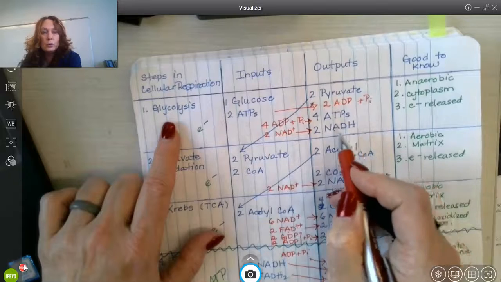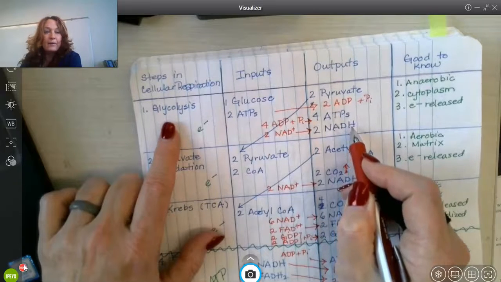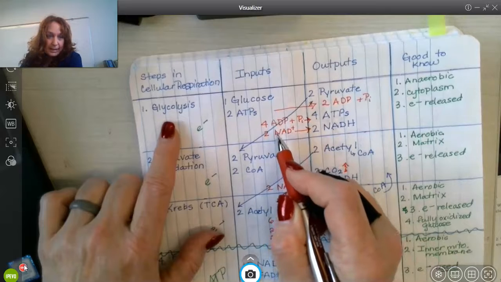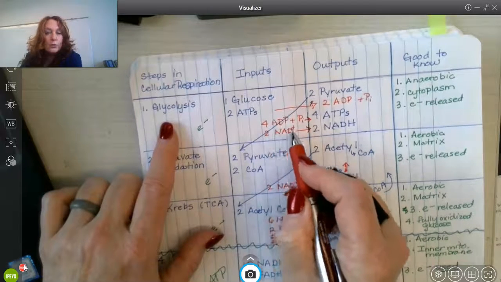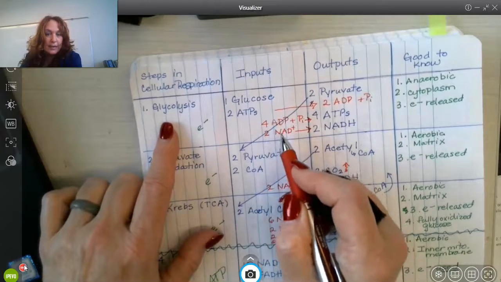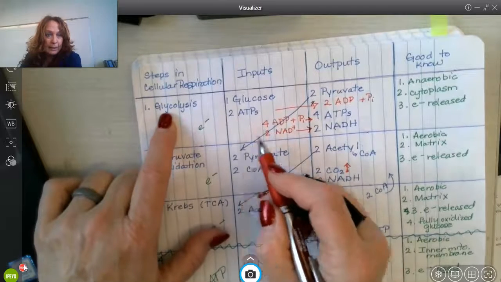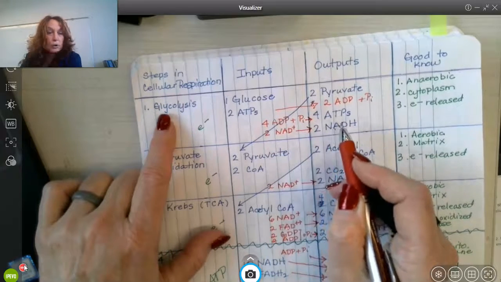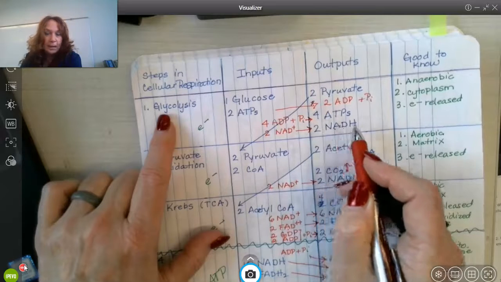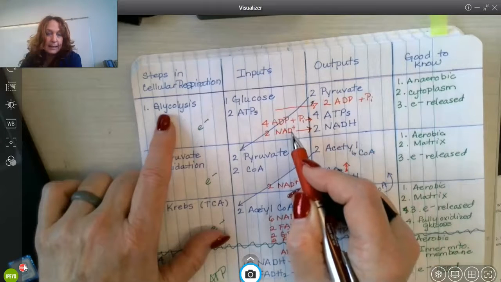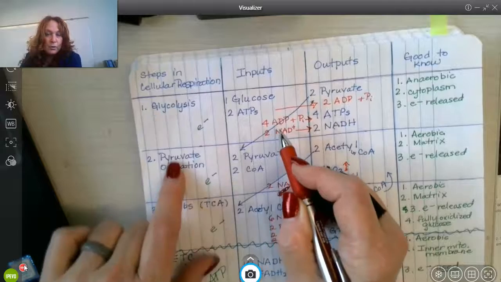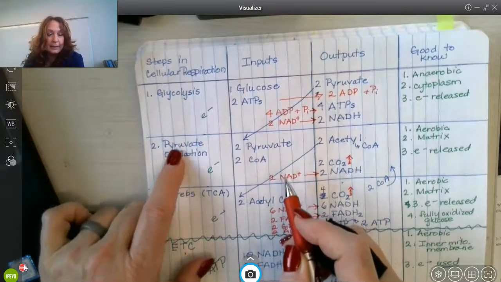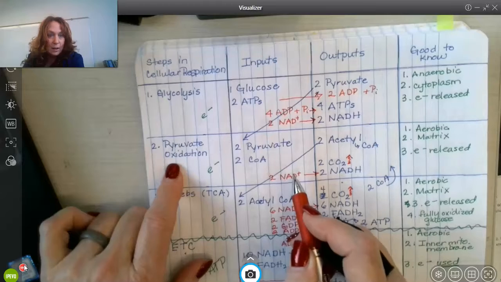Once you do, these are broken. I've added a chemical that will not allow this to be regenerated back to NAD. So once you run out of your cellular stores of NAD, glycolysis will shut down because it requires the oxidized form, which you just told me is broken. I can't oxidize NADH back to NAD. So glycolysis will stop.